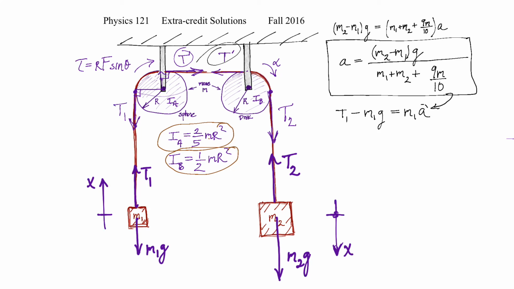So if you put that in right here for A, and then you add M1G to both sides, you'll get the tension T1. In fact, if you notice, this is M1G, and this was M1A. So when I bring this term to the other side, it becomes plus M1G. And there's also an M1 on the right-hand side.